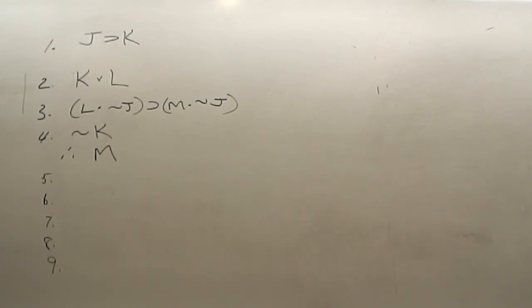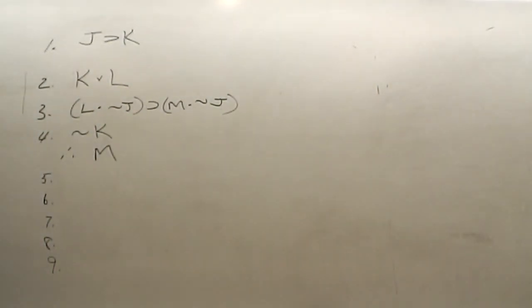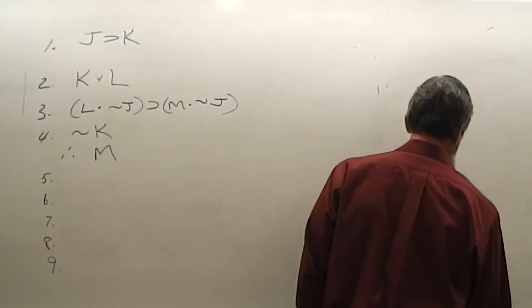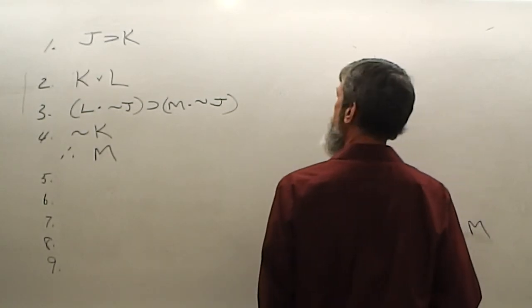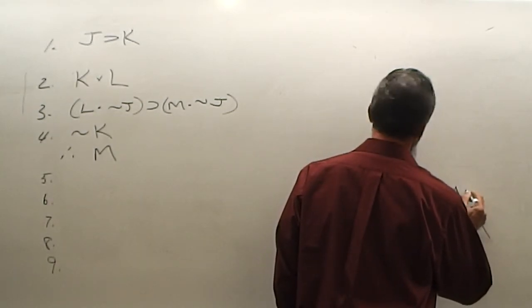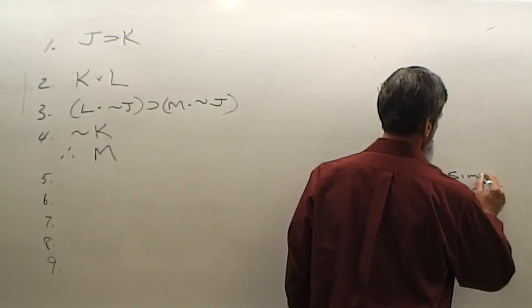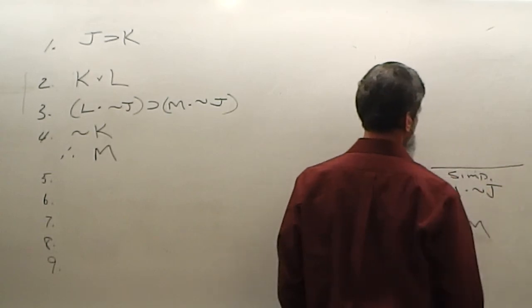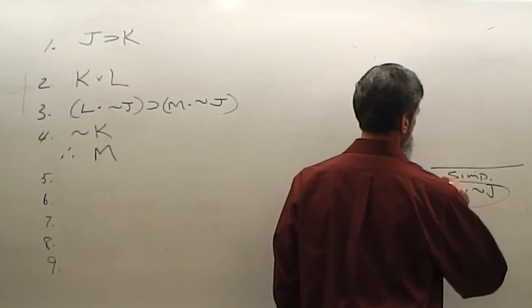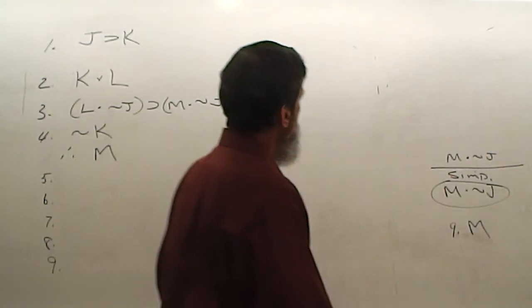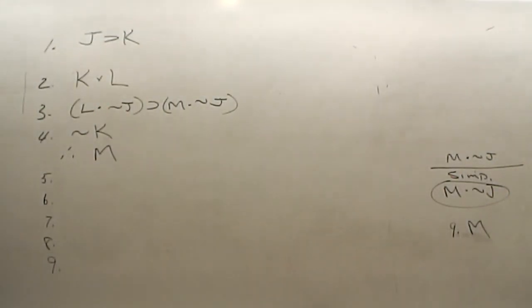Well, who has an idea? Last step of the proof, what is it? Simplification. Thank you. How are you going to get M dot curl J out of line 3?